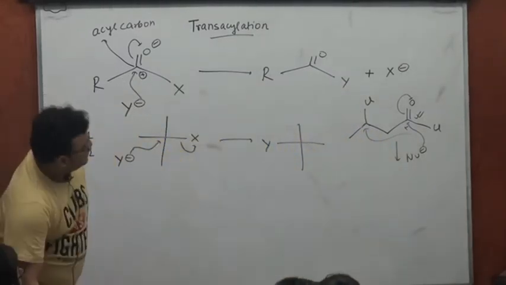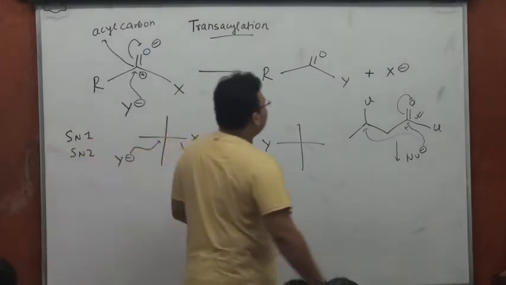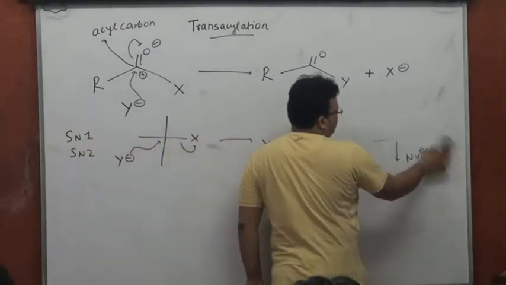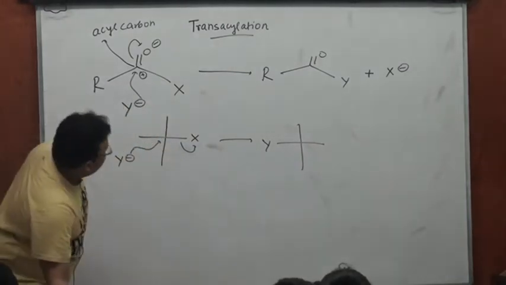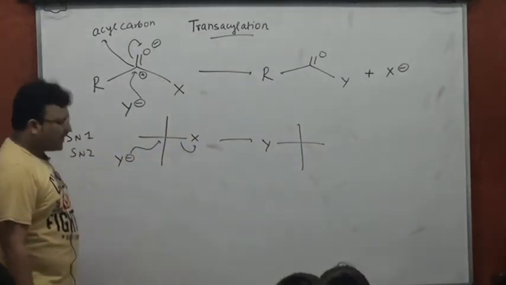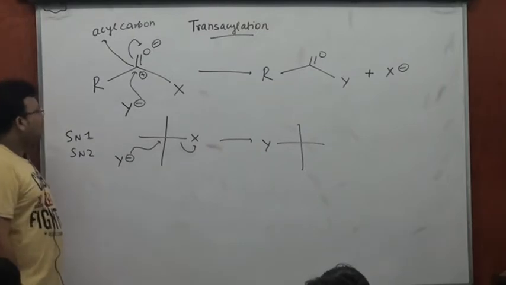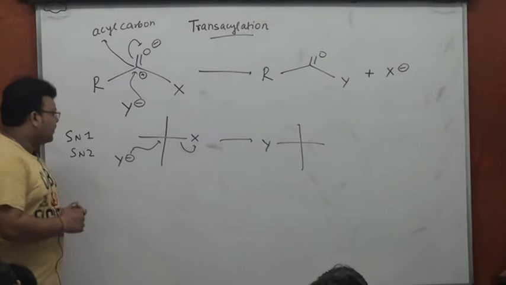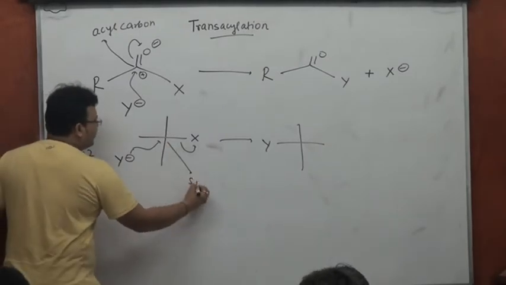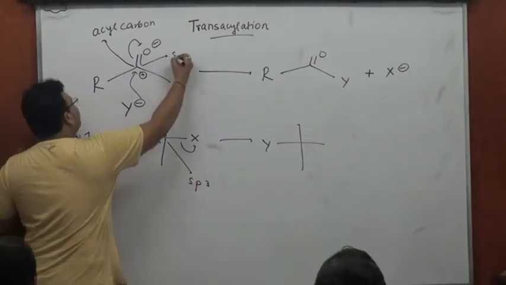Alright. So transacylation is going to look more feasible than the corresponding alkyl nucleophilic substitutions, and not only electronically, even sterically. A thought could be this carbon is sp3 and this carbon is sp2.